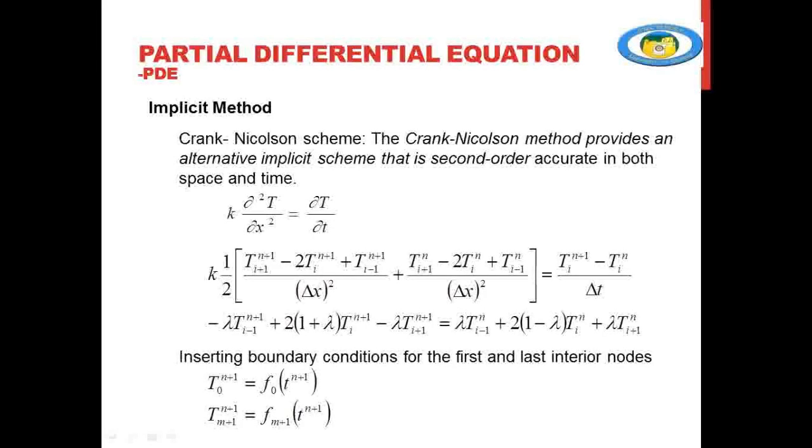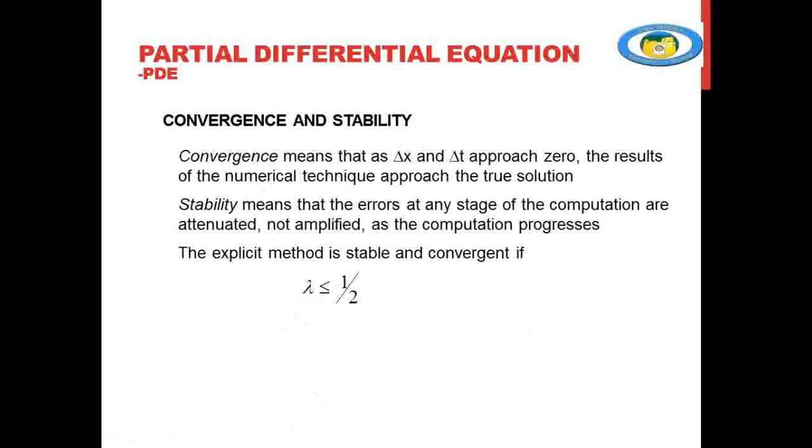Now, let's look at an example. But before I move to the example, remember, when we are dealing with explicit schemes, we have noticed that it's stable and convergent when the value of lambda is less than or equal to half.